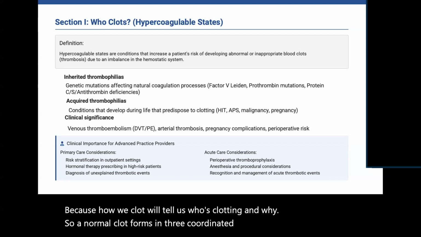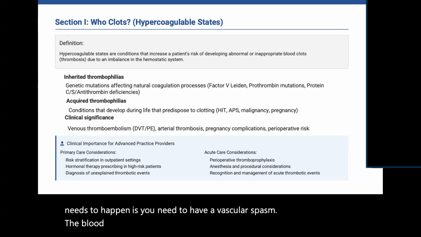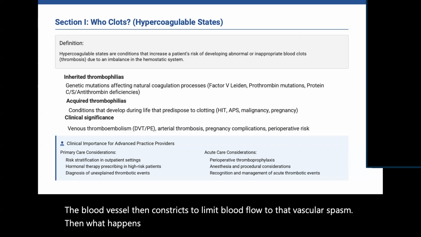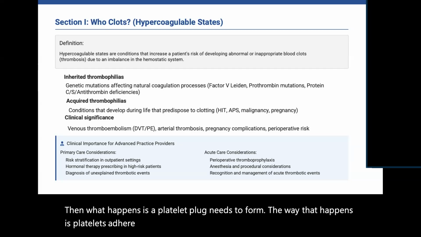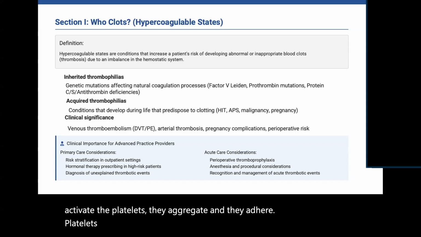The first thing that needs to happen is you need to have a vascular spasm. The blood vessel then constricts to limit blood flow to that site of injury. Then a platelet plug needs to form. The way that happens is platelets adhere, they get activated, and they aggregate. Platelets activate, aggregate, and adhere at the site of injury.